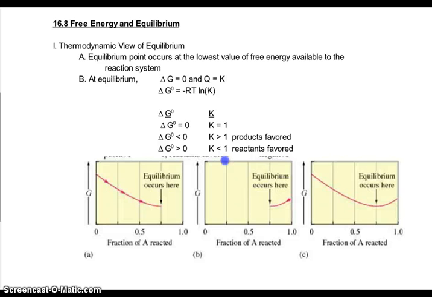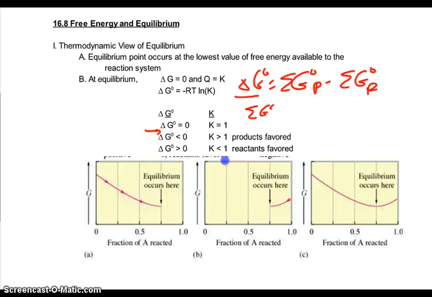So if we have delta G naught equal to the sum of the delta G products minus the delta G reactants, and we're at equilibrium, what does that mean? If this is equal to zero, then delta G of the products is equal to delta G of the reactants.